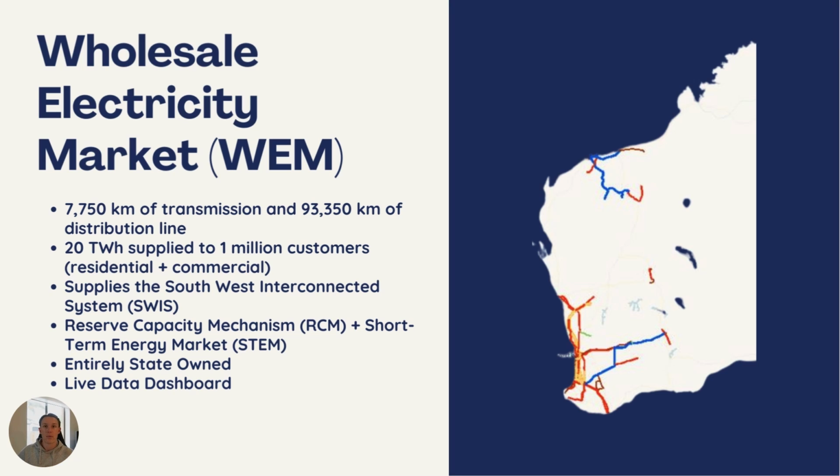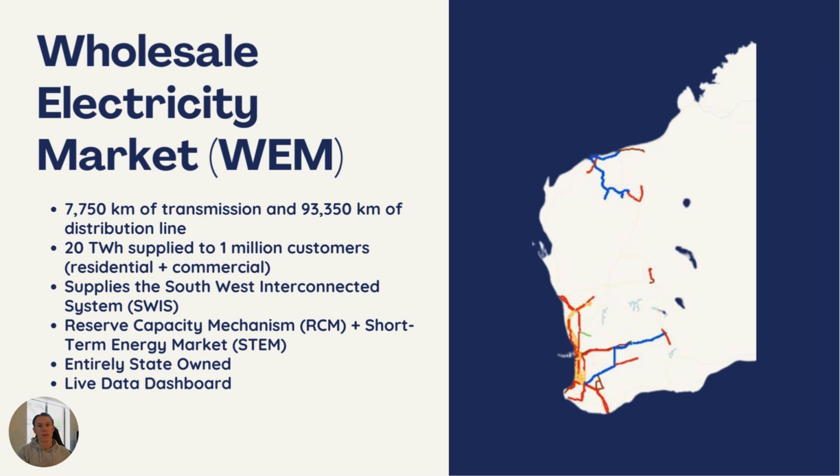And as I said before, the WEM essentially supplies the Southwest Interconnected System, or SWIS. Now, contrastingly to the wholesale style market that is normal to the NEM, the WEM employs a combination of two market styles: the RCM, or Reserve Capacity Mechanism, as well as a short-term energy market. Now, this is pretty effective.